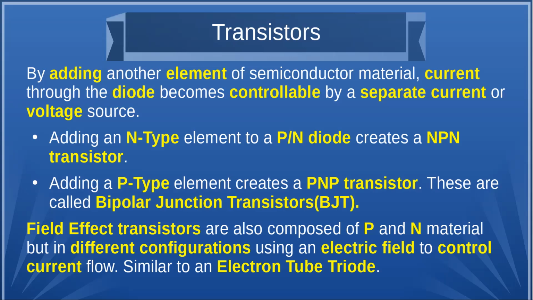You could have an NPN or a PNP, and they just kind of work opposite to one another as far as the current flow. So that was the early bipolar junction transistor, which is just those three materials joined together.